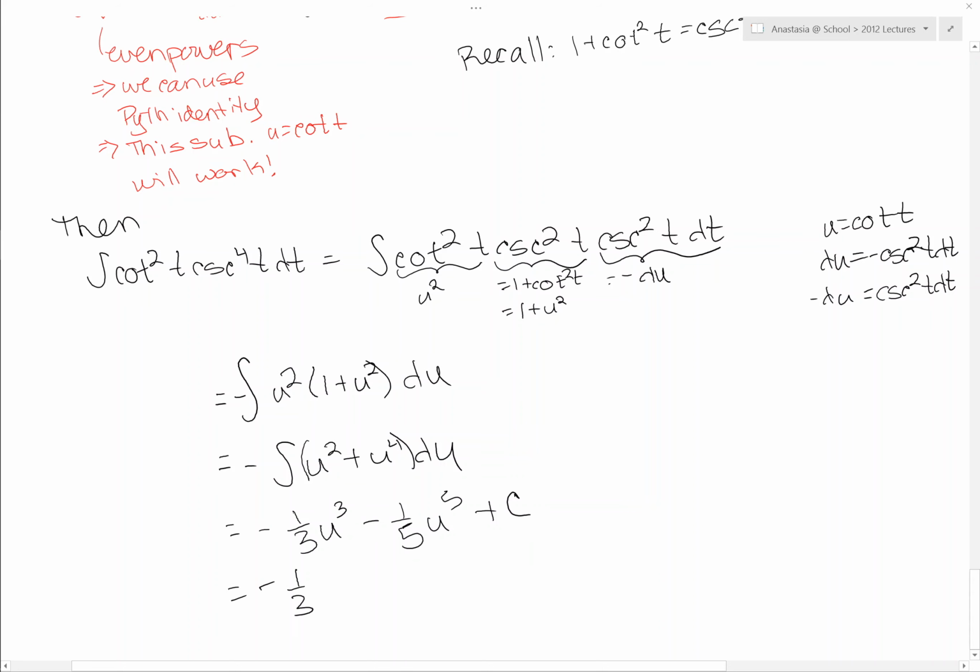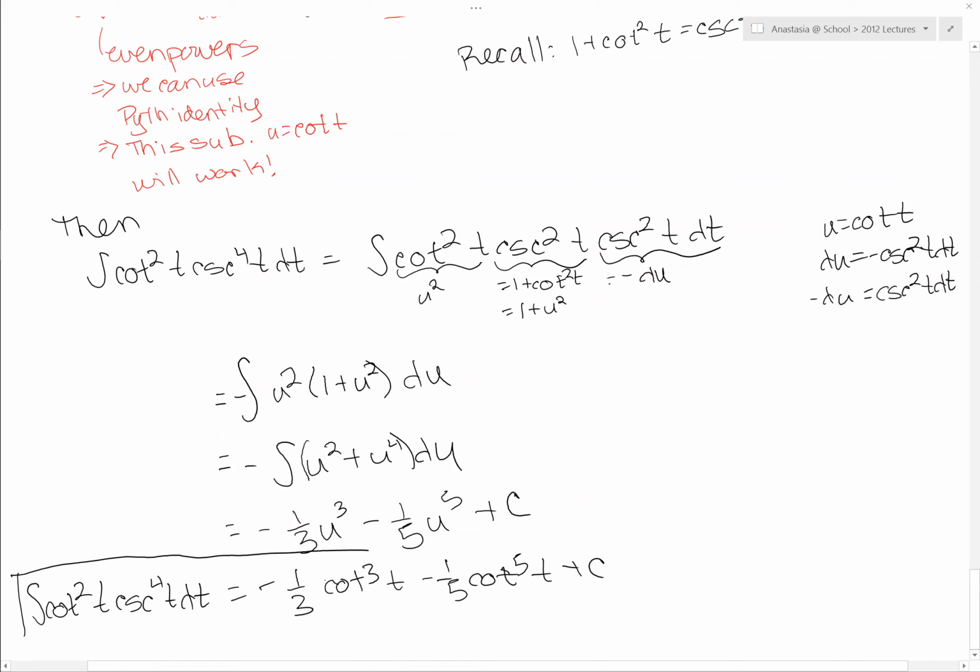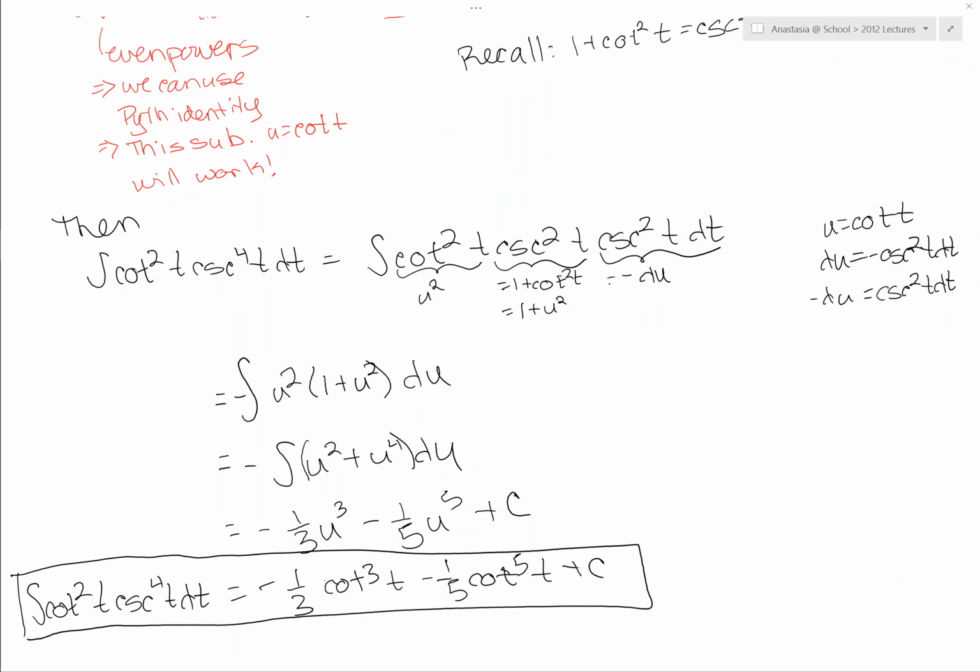And substituting back in for u, we get negative 1/3 cotangent cubed t minus 1/5 cotangent to the fifth t plus c. So our final answer is that the integral of cotangent squared t cosecant to the fourth t dt is equal to negative 1/3 cotangent cubed t minus 1/5 cotangent to the fifth t plus c.